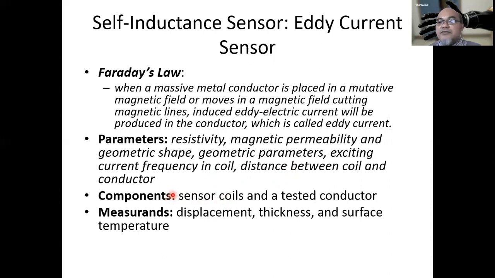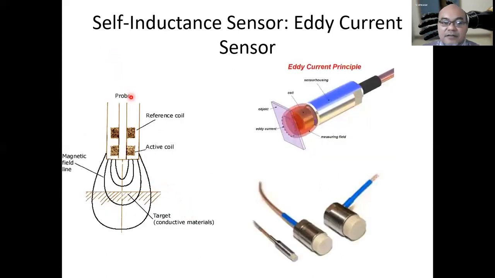So the measurements could be the displacement, because when, for example, the sensor moves away from the conductor, or vice versa, the conductor moves away or towards the coil, then of course the magnetic field induced eddy current in the conductor will also change. Thickness, the thickness of the conductor itself, and surface temperature. So this is how it looks like.